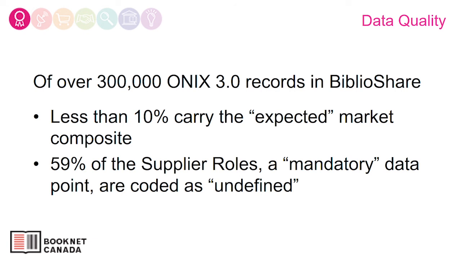So, while ONIX 3.0 represents an opportunity to solve this, the actual data in BiblioShare tells a different story. Less than 10% is how I defined small data and an atypical diversity value that's typically missed in data loading.